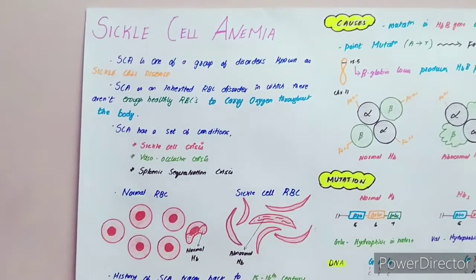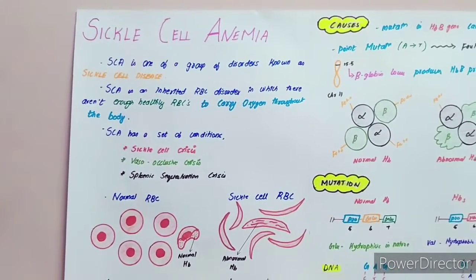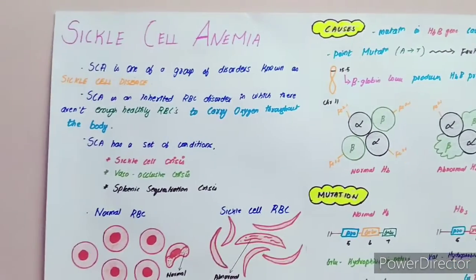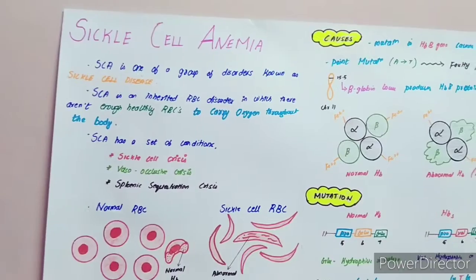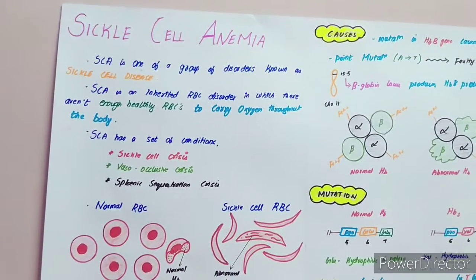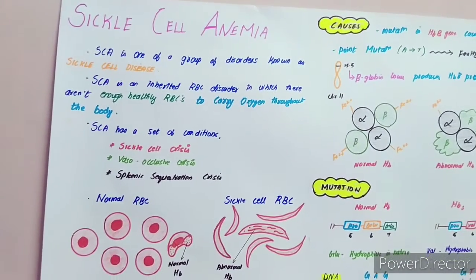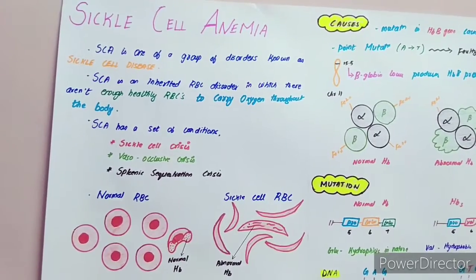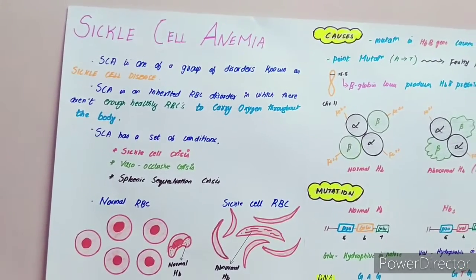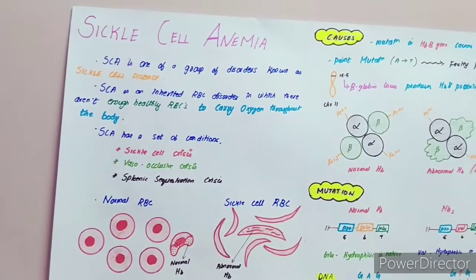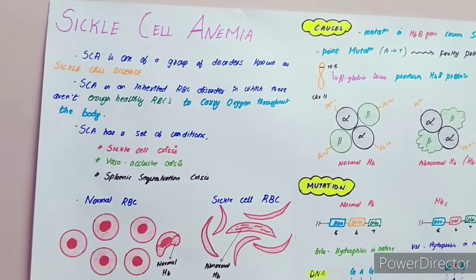A sickle cell crisis is a pain that can begin suddenly and last several hours to several days. It happens when sickled RBCs block small blood vessels carrying blood to our bones. You might have pain in the back, knees, legs, arms, chest, or stomach. The pain can be throbbing, sharp, dull, or stabbing.